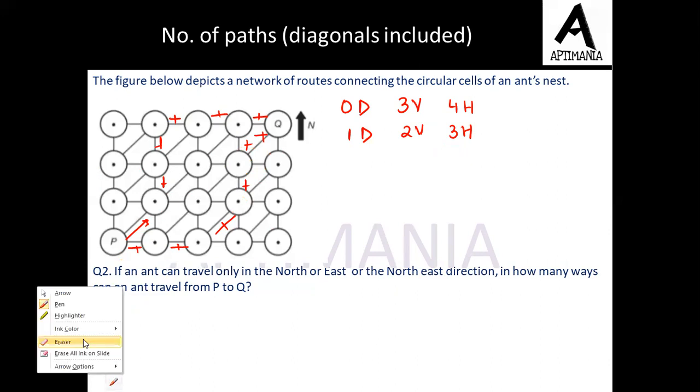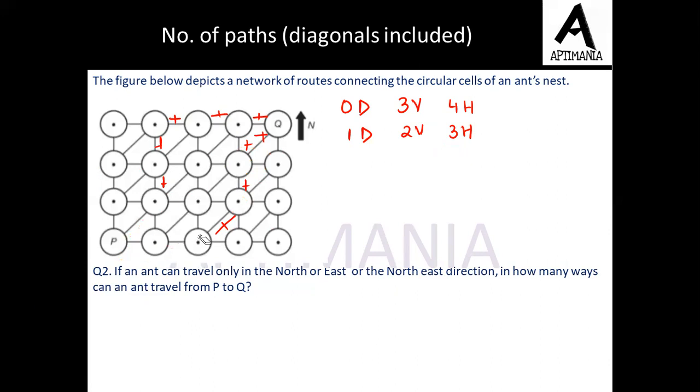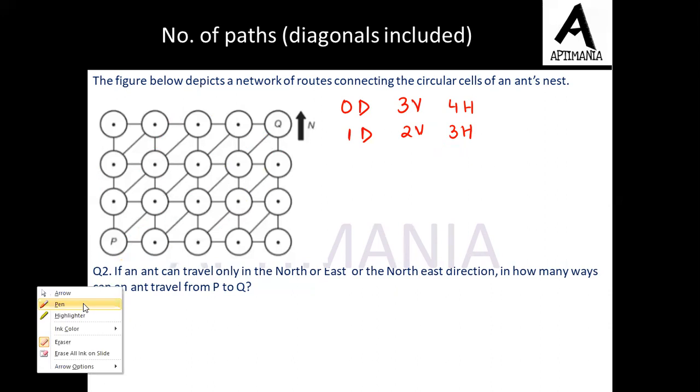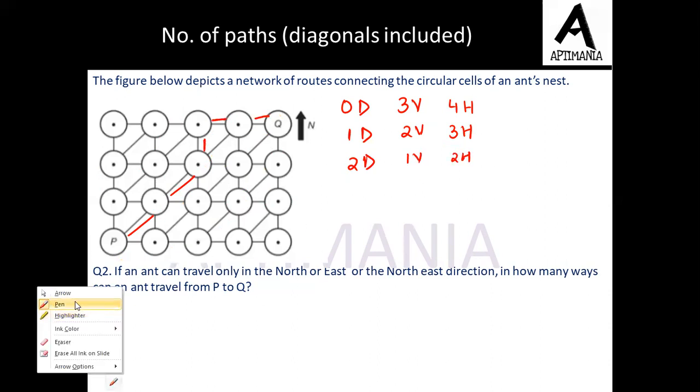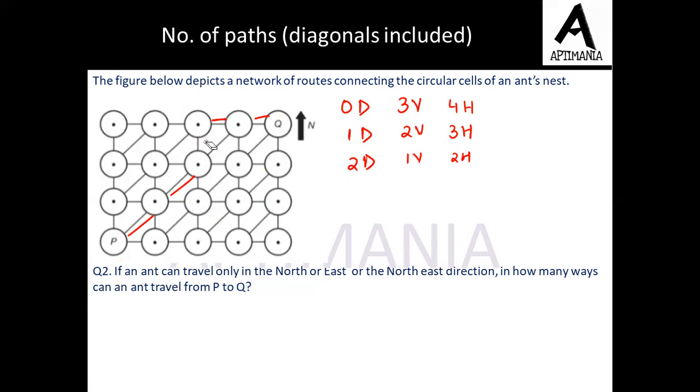Okay, let's increase the case. Rather than 1 diagonal, I'm increasing the number of diagonals, and this time I'm taking it to be 2 diagonals. So when I'm taking 2 diagonals, these are the 2 diagonals that I'm taking. I'll be left with one vertical and two horizontal steps. And the last case that we can take is increasing the number of diagonals by one again.